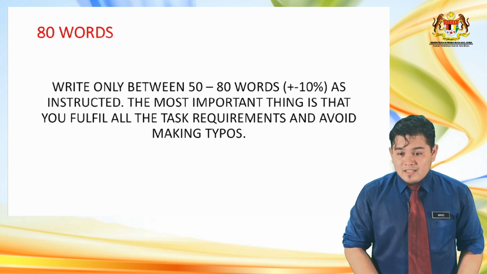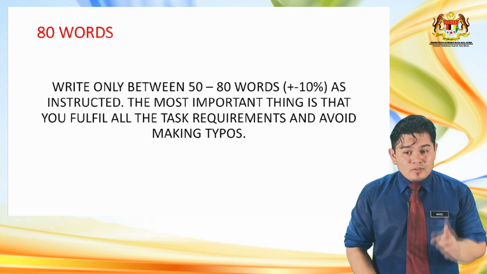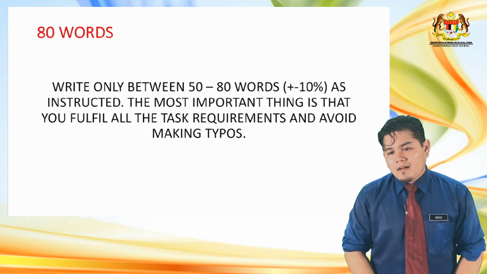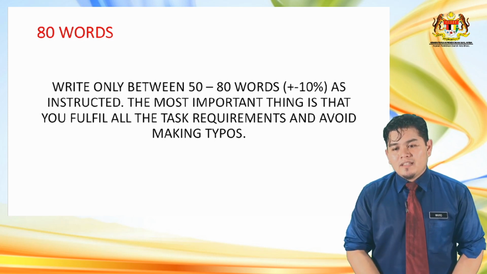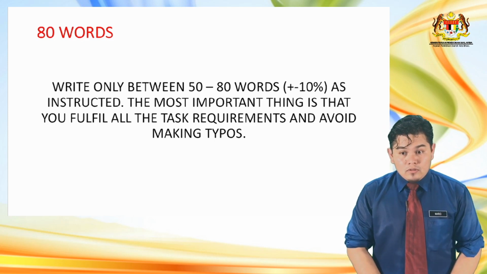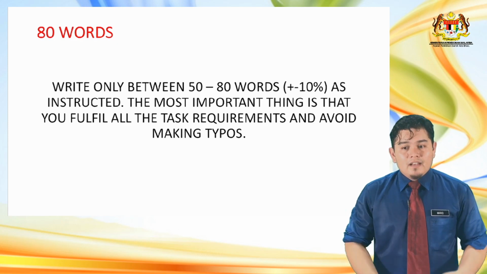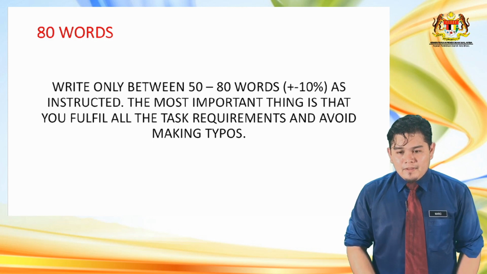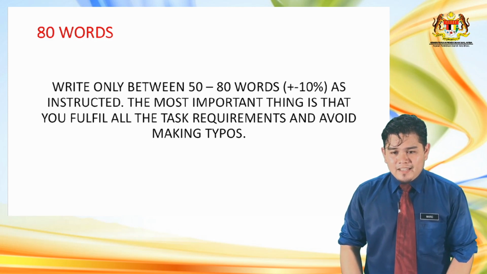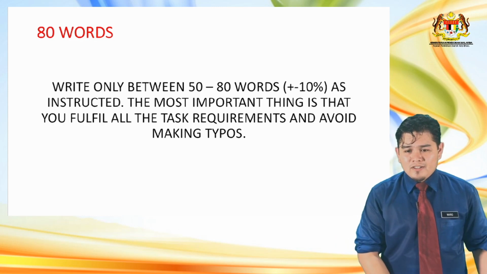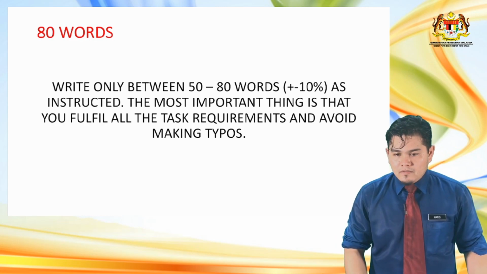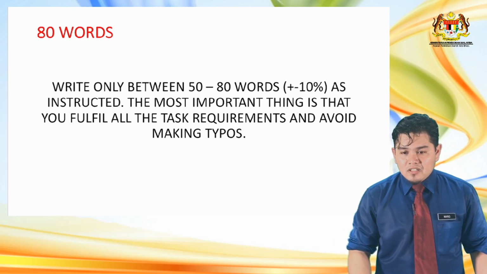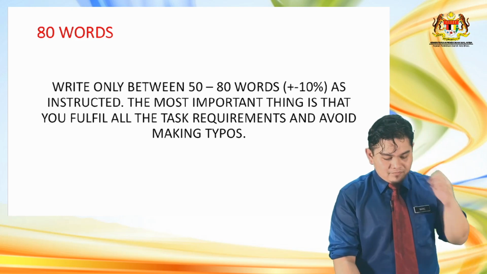Remember that I mentioned earlier, section B2 is not just about your writing ability, but it's also about your understanding of the instructions given. If you do not understand the instruction, definitely your writing will be off as well, because no matter how good your writing is, if you write not according to the instruction or task requirements, you will never be able to get more than 10 marks. Do you understand?